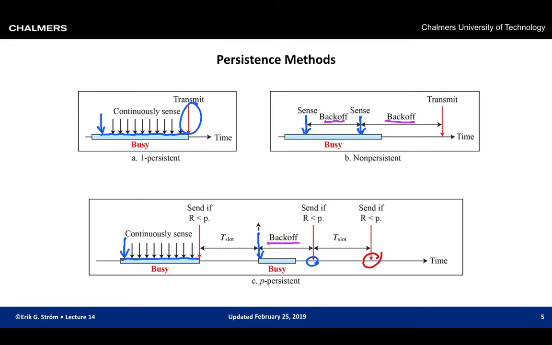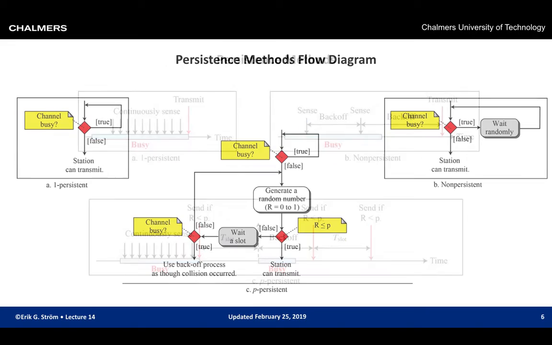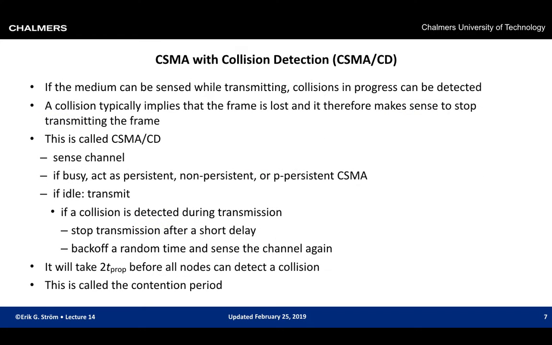So that's collision detection. Let's see how that works. If the medium can be sensed while transmitting, and this is actually a big if, this does not necessarily work on wireless channels. The reason is quite simple: the transmitted power could be a billion times higher than the received power.